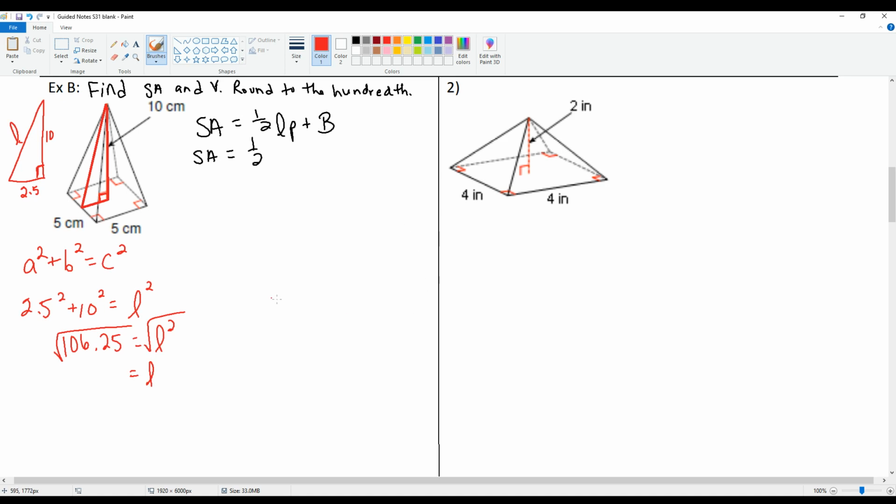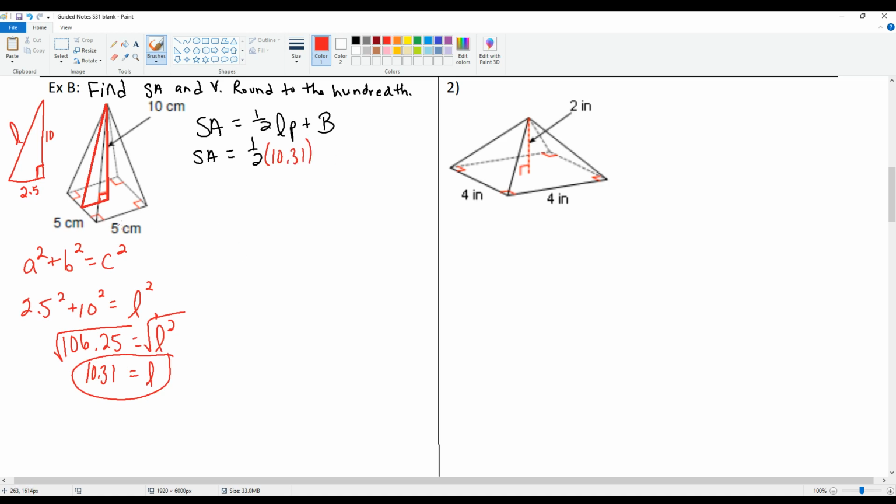It is 10.31. So that's what goes in here.